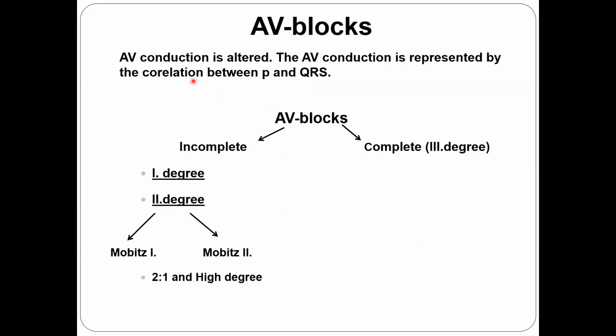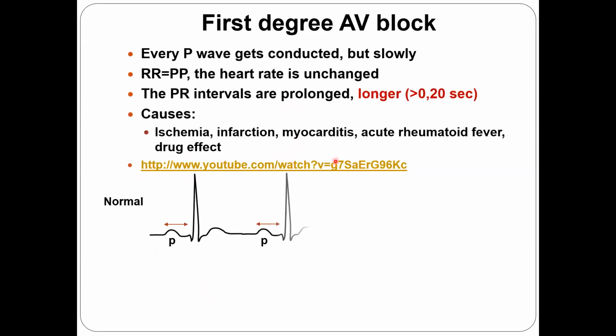Now, AV block, let's go through it because you already looked at it. It is incomplete when we have first degree, second degree, 2 to 1, and high degree as well, and the complete one is the third degree. This is how you can name them. Okay, let's see the first degree. First degree is a very simple one. This is why we have to learn the different distances, the PQ interval or PR interval.